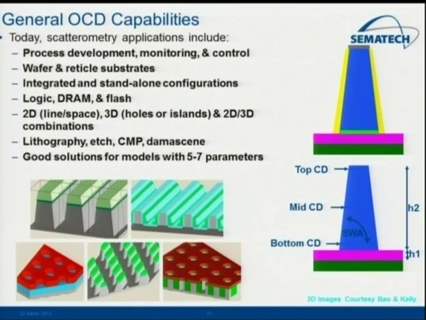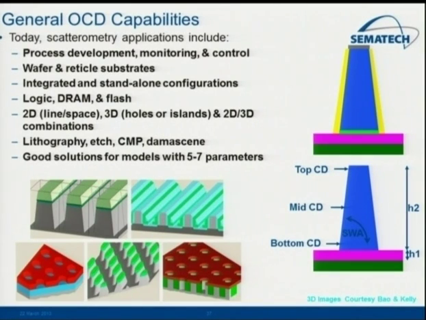The good thing about this is if you build a complex enough model, you can actually start to get the three-dimensional features of your shape. Because each of these layers and each of these shapes reacts differently with the light, at different wavelengths. So you can often extract not just the line width at an average point, you may be able to extract the top, the middle, the bottom, if there's little films on it, if there's films underneath.